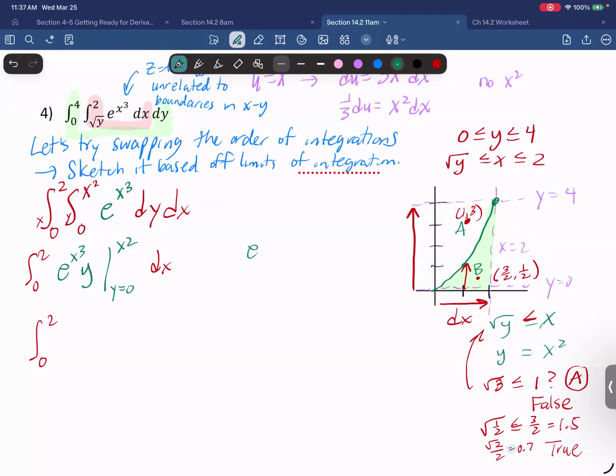And that's going to be e to the x cubed times x squared minus 0, which is just x squared e to the x cubed. And then we still have our dx.